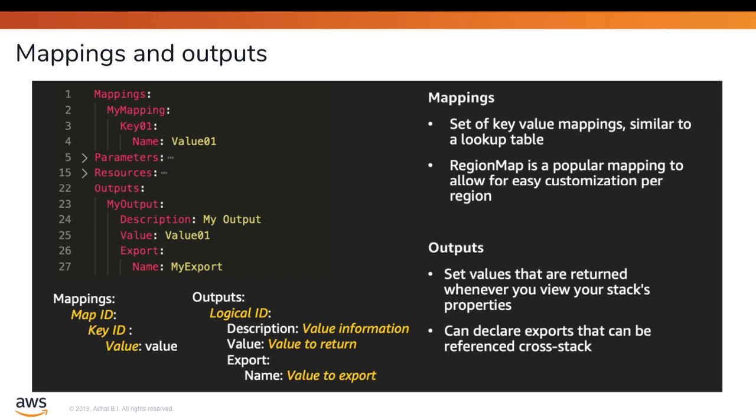Let's say they use US East 1 or West 2 for the production environment, and any other region for development and testing environments. In those cases, it's very important to configure the region map, where you set one set of values for production and a different set of values for development and testing.